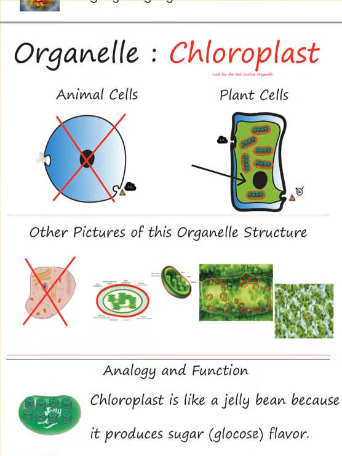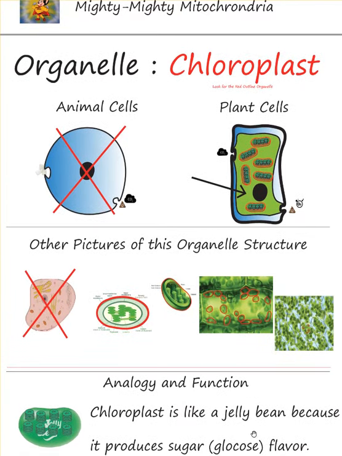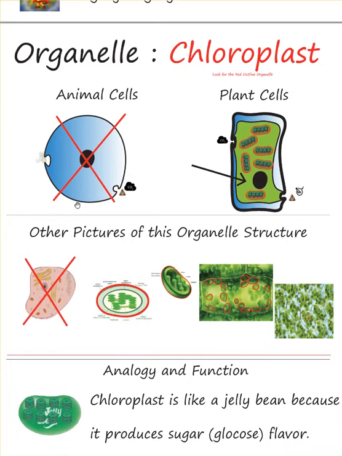And chloroplast, you're not going to find that in an animal cell, so it's crossed out, but you will find it in a plant cell. And chloroplasts basically look like green jelly beans, and these have been sliced open so you can see what's inside them. And there are usually these stacks of, almost look like stacks of green little quarters inside, and these are called chlorophyll.